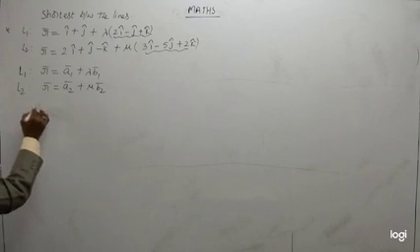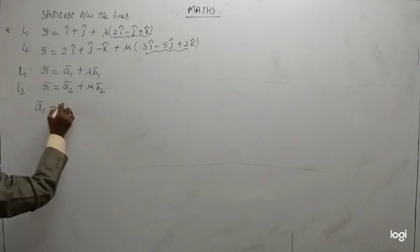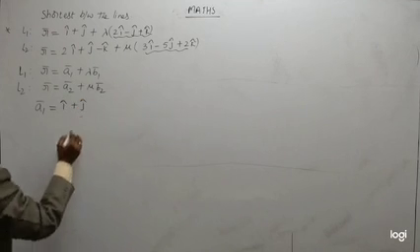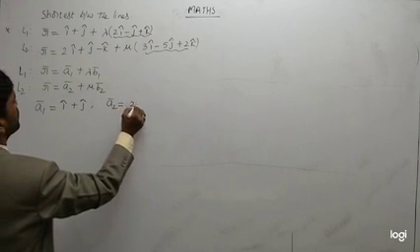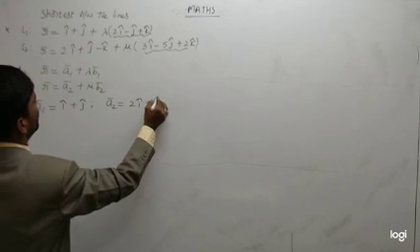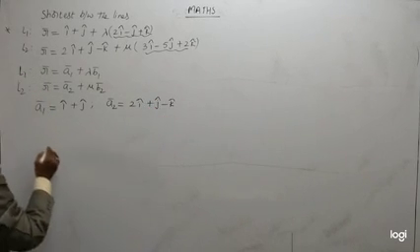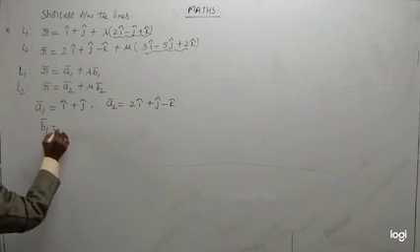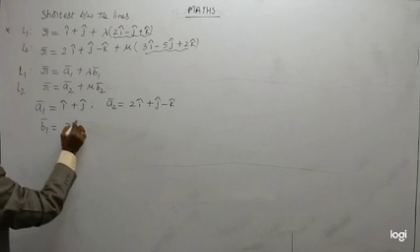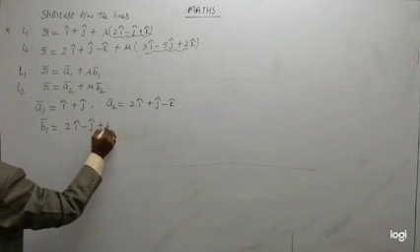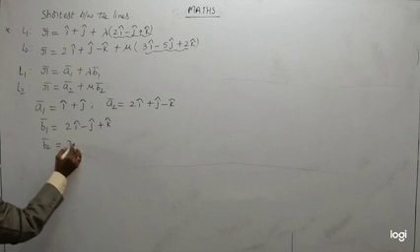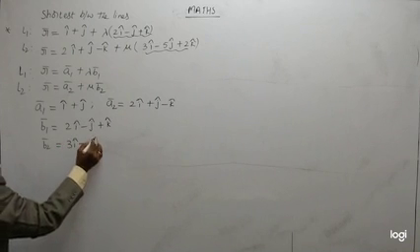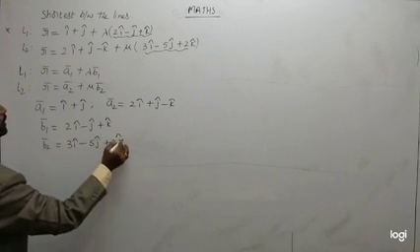So thus what you will get: A1 bar vector is I cap plus J cap. A2 bar vector is 2I plus J minus K, B1 bar vector is 2I cap minus J plus K, and B2 bar vector is 3I minus 5J cap plus 2K cap.